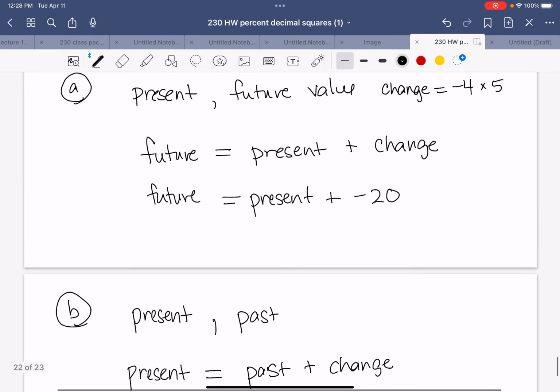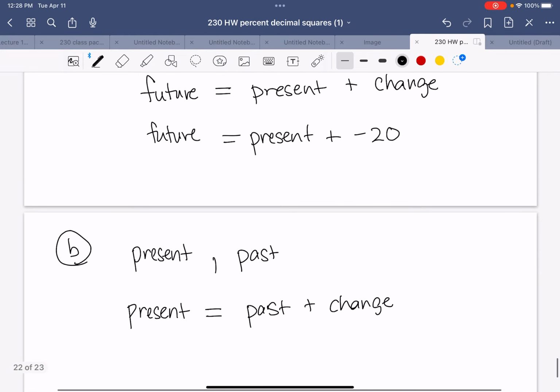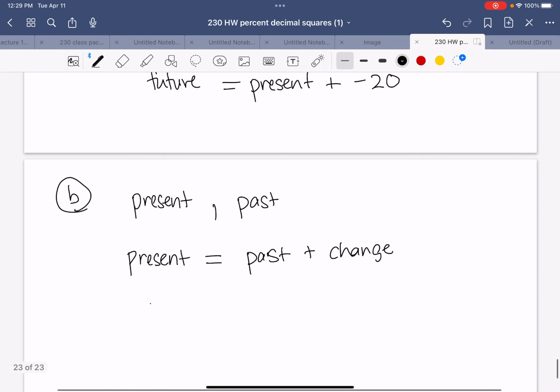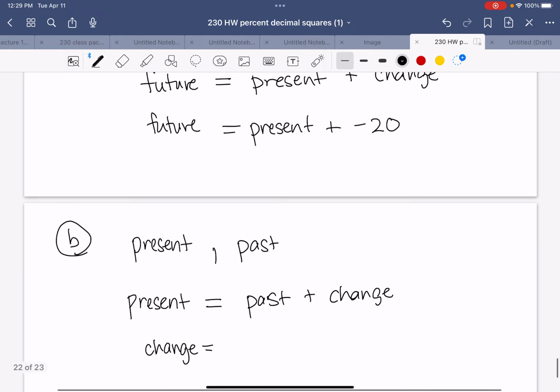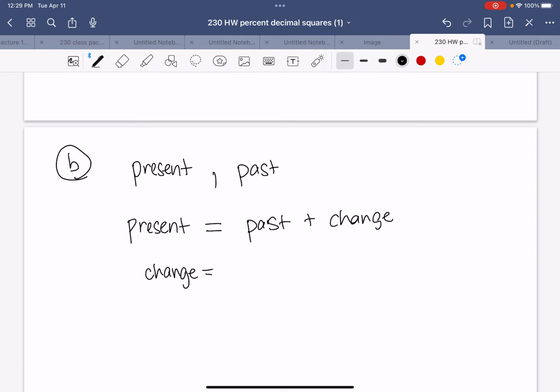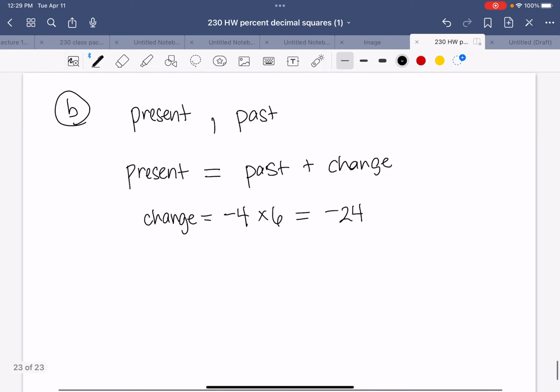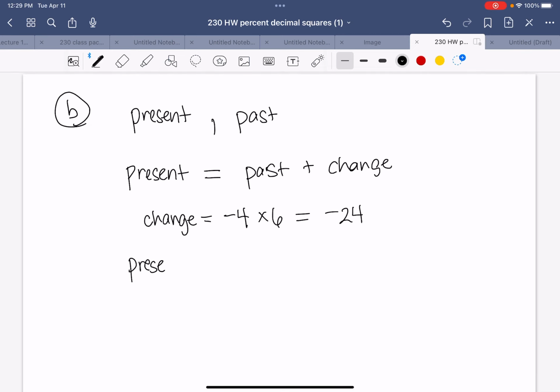Okay, so it's slightly different in the second one because our present changes positions. Okay, and in this case, our change is over 6 weeks. And in 6 weeks, we have a loss of 4 sheep per week times the 6 weeks. So we have a change in sheep of negative 24. Okay, so we're going to have present equals past plus negative 24.